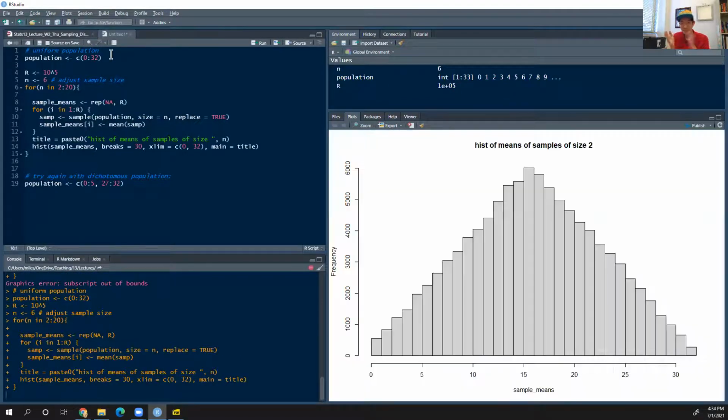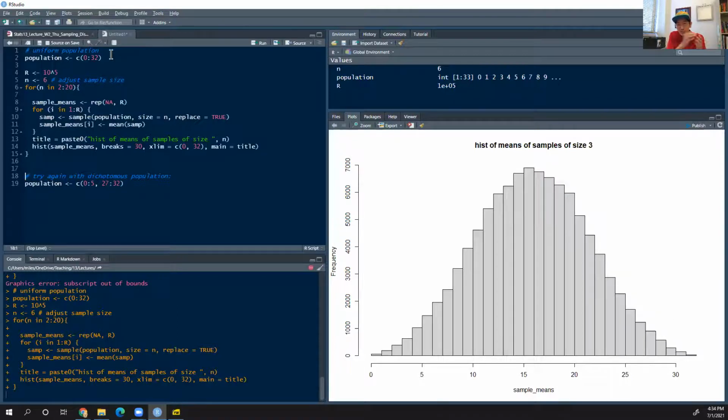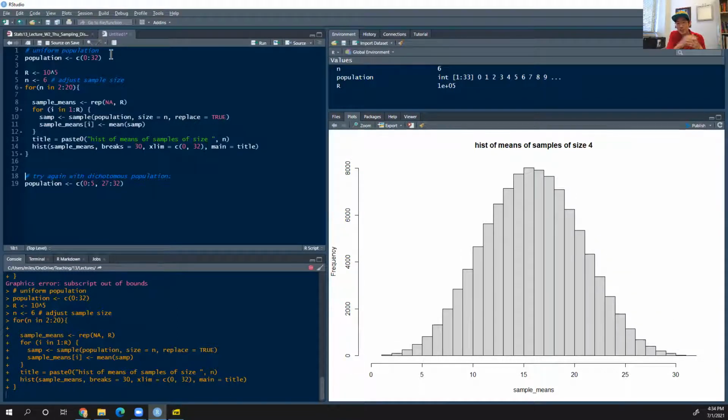Okay, samples of size 2, samples of size 3, samples of size 4. It's showing up on my screen. Is it showing up for you guys? Okay.